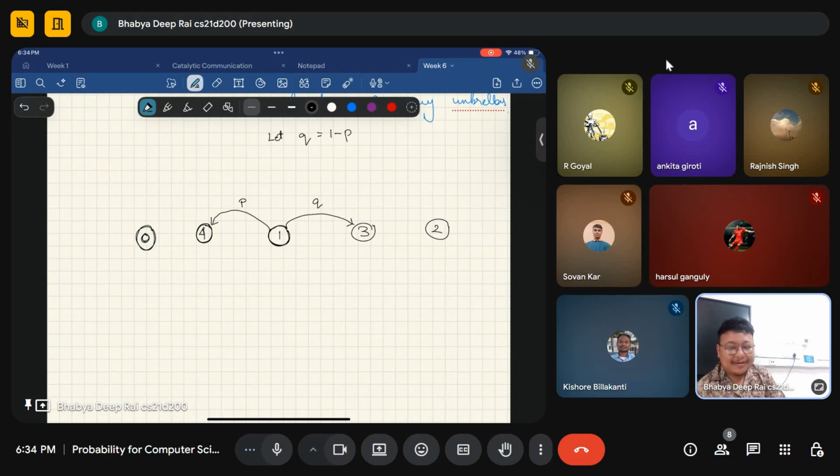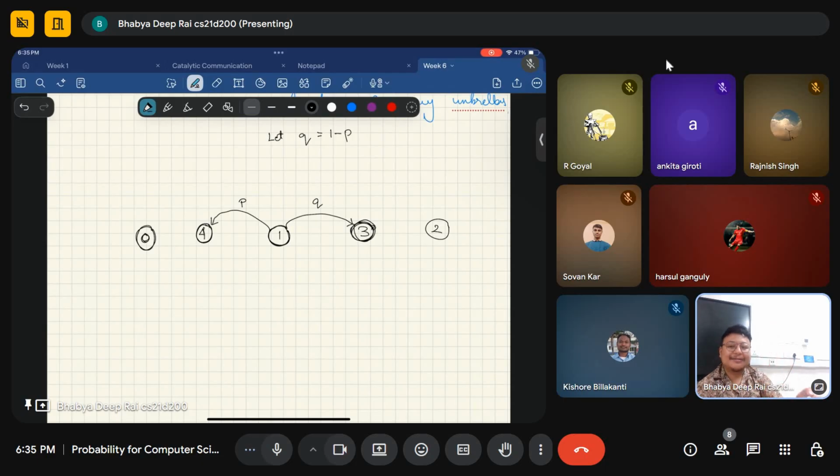And similarly, let's say I start from 3. I'm at a place with 3 umbrellas, which means the other place has 1 umbrella.